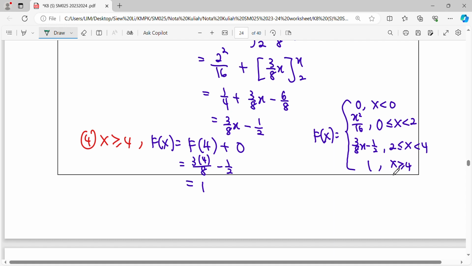This is the fourth interval, another piece. So piecewise, one part at a time. Alright, so for question B, we can start by calculating its coordinates. Your y-axis will be your cumulative function.